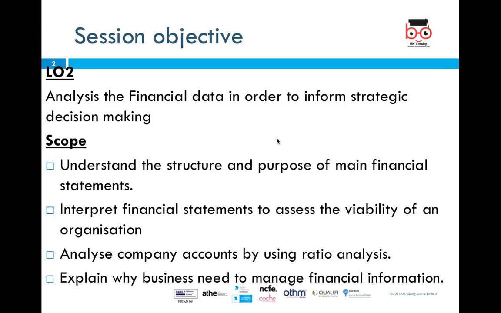Then we can understand the limitations of this analysis, and explain why business needs to manage financial information. Basically, the purpose of published accounts is to provide information to shareholders and relevant stakeholders, users. For example, potential shareholders, managers, employees, lenders, bankers, creditors, suppliers, customers, community, competitors, and other users.